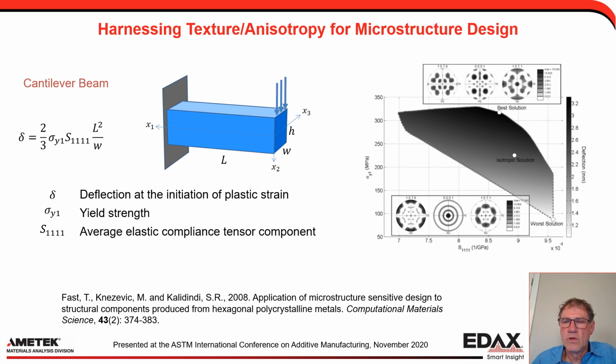You can see there's a worst solution, there's the isotropic solution, and there's a best solution for this specific problem. And you can see the textures that lead to the worst and the best solution are quite different. So the goal would be to use this process first to identify the texture desired, and then use something like additive manufacturing to try and meet that microstructural criterion, or in this case, just the texture criterion, to lead to optimized performance.